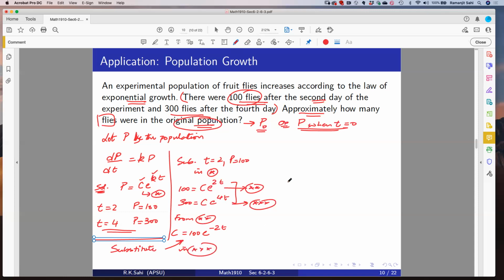What are we going to get? 300 equals 100 e to the power negative 2k, times e to the power 4k.